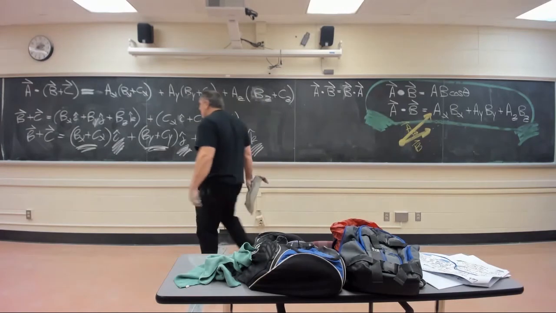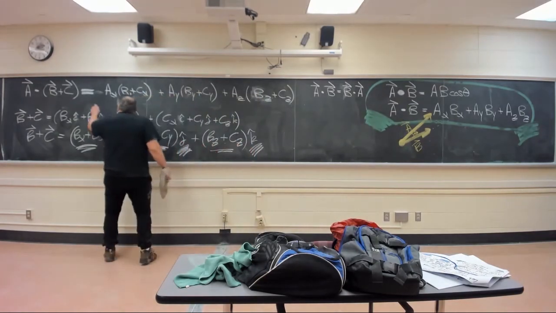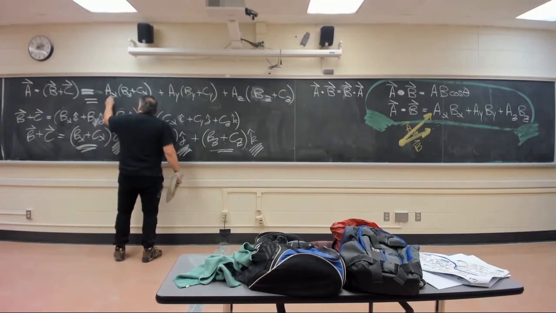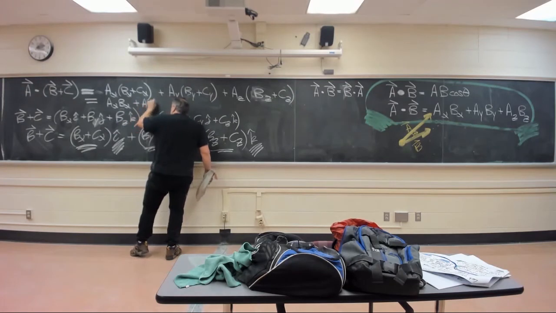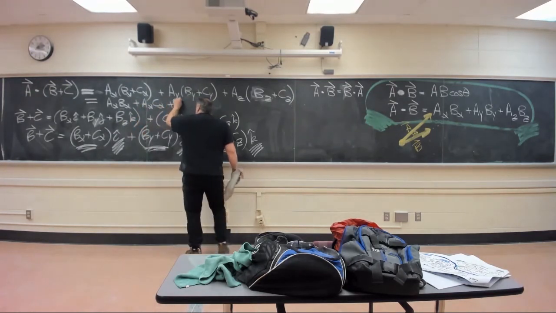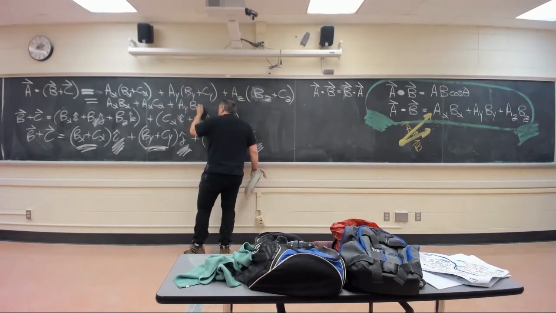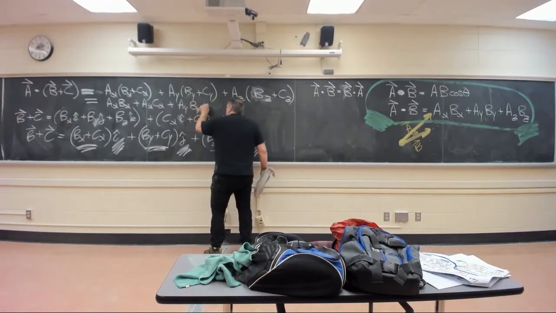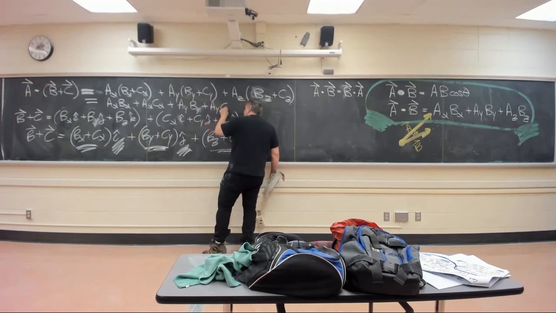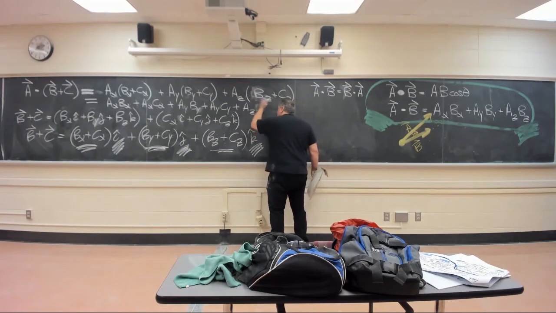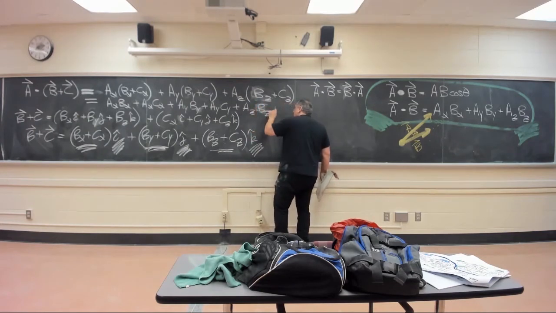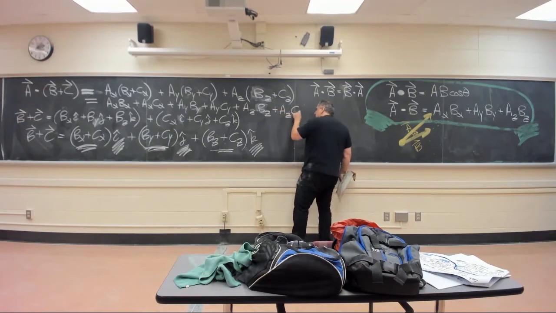Yeah, true. That's true. Why don't you distribute the A? Distribute the AX to these two guys. AX, BX. Starts to look familiar. AX, CX. AY, BY. AY, CY. AZ, BZ. AZ, CZ.